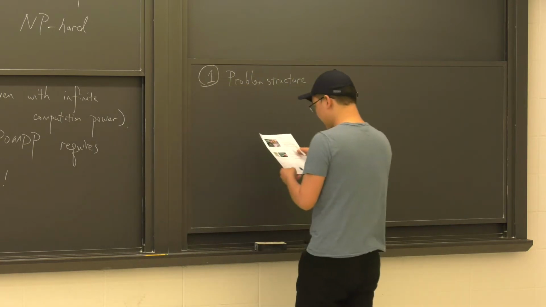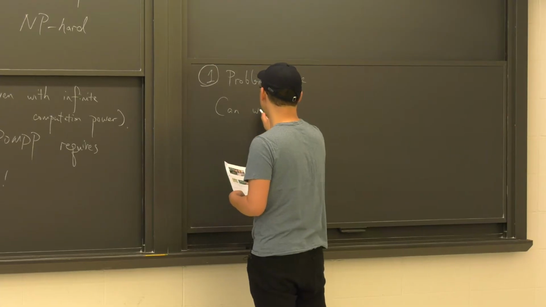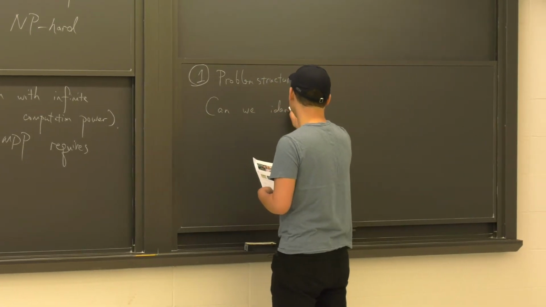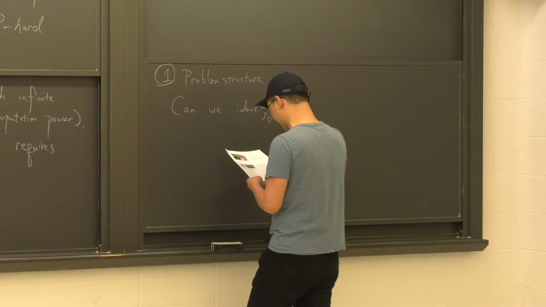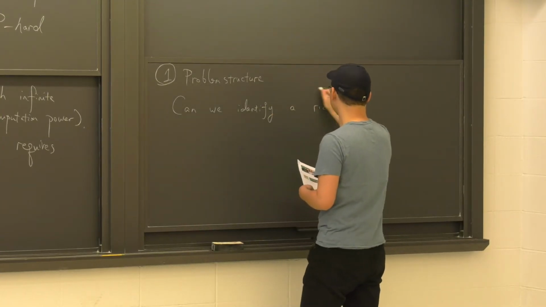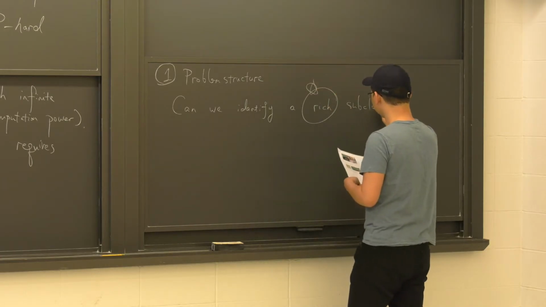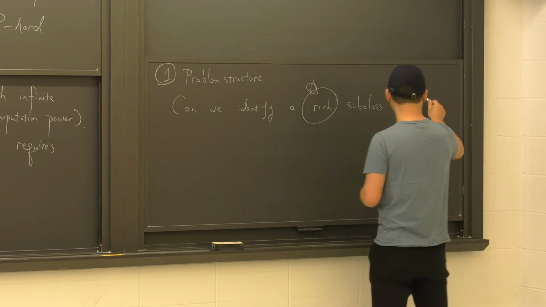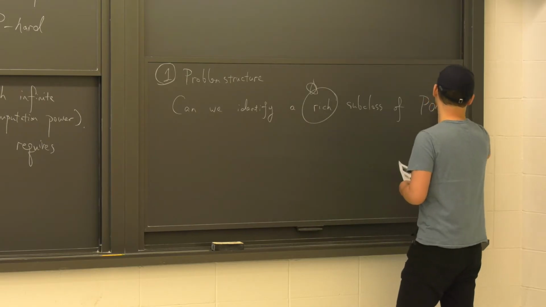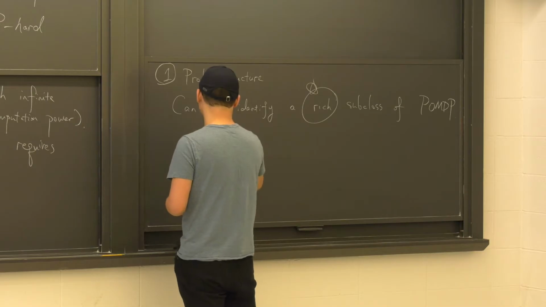Can we identify a rich subclass of POMDP that is statistically tractable?